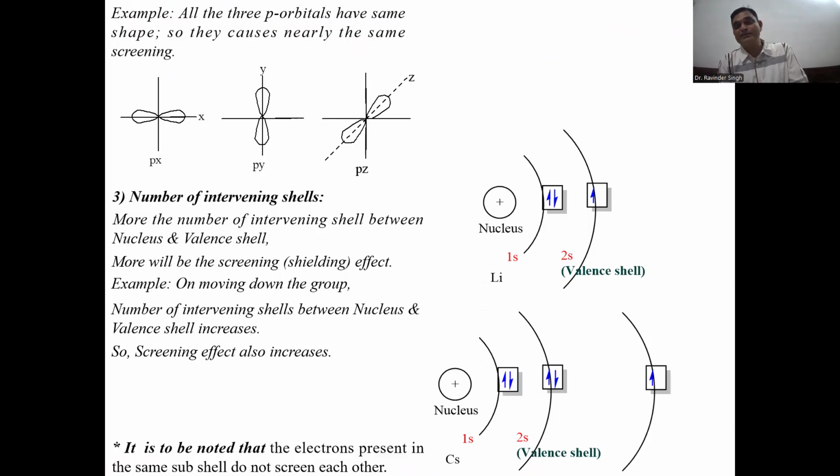But in general, while discussing basic reasoning type questions, we ignore that fact. Through Slater's rules, we will see that electrons present even in the same subshell may cause some screening effect to a greater or lesser extent.